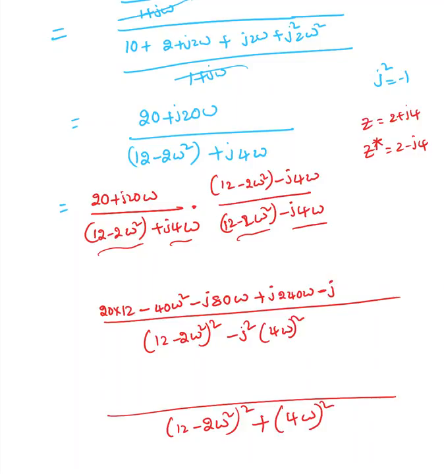So j20 times 2, which is 40 omega cube. Okay, and now it's going to be minus j square 80 omega cube. Okay, so j square is nothing but minus 1, which is going to end up with the real part.